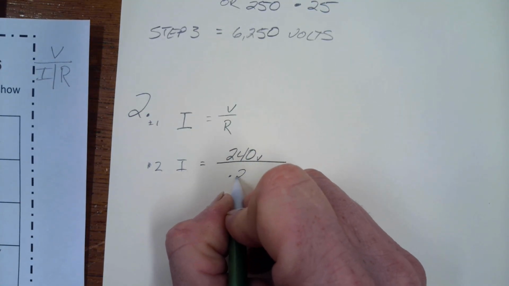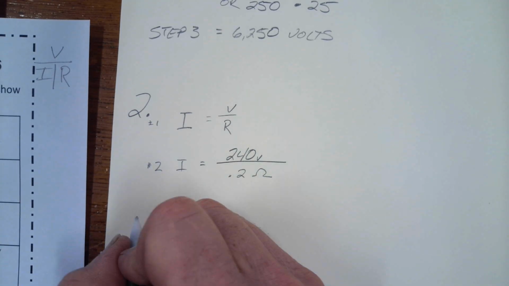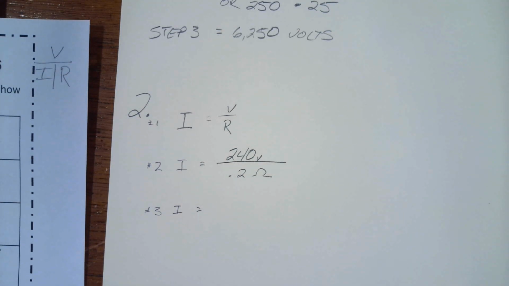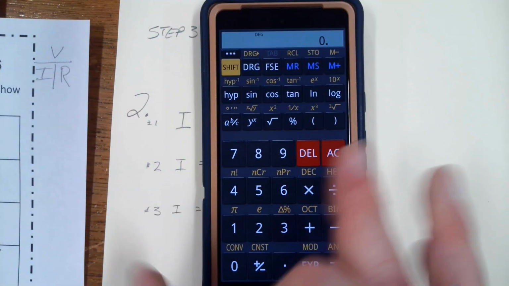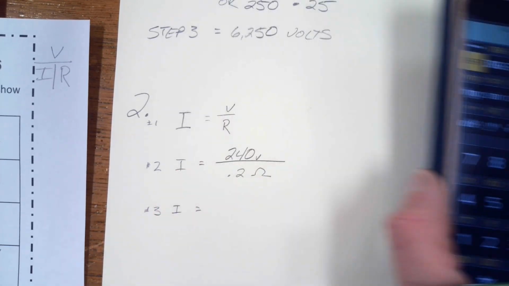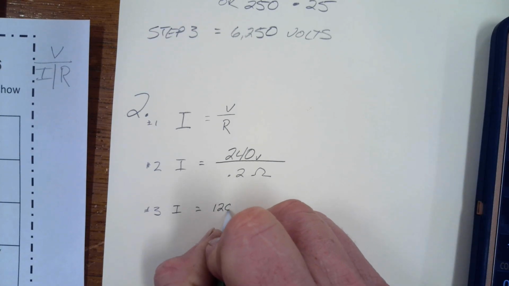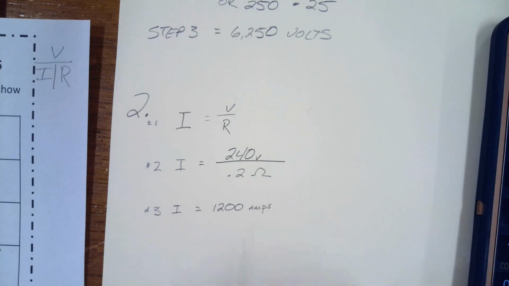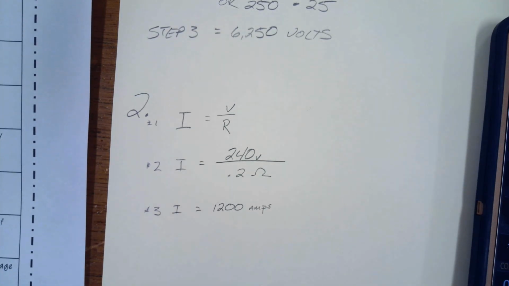Resistance of 0.2 ohm. Step 3 is my results. And it's going to be 12, but I don't know the decimal point. 1200. Match up?